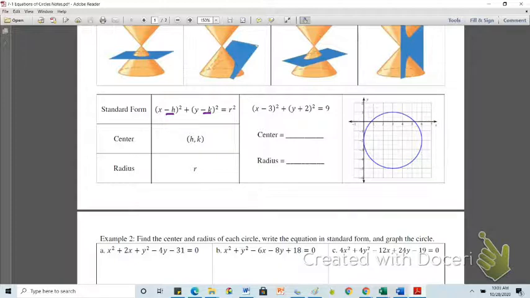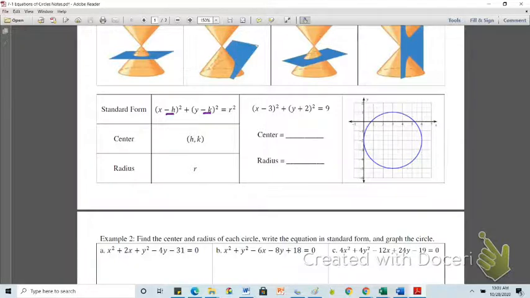In this case, it's going to come out as the opposite in both x and y, because they're both within grouping symbols and a squared on the outside. So whatever's inside is going to come out as the opposite. And again, my equation has r squared, so my radius is r. We need to make sure we take the square root of it.